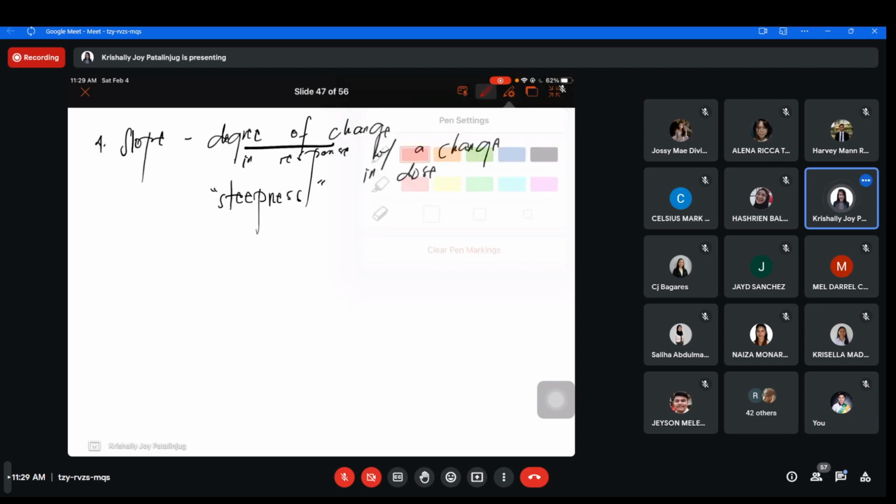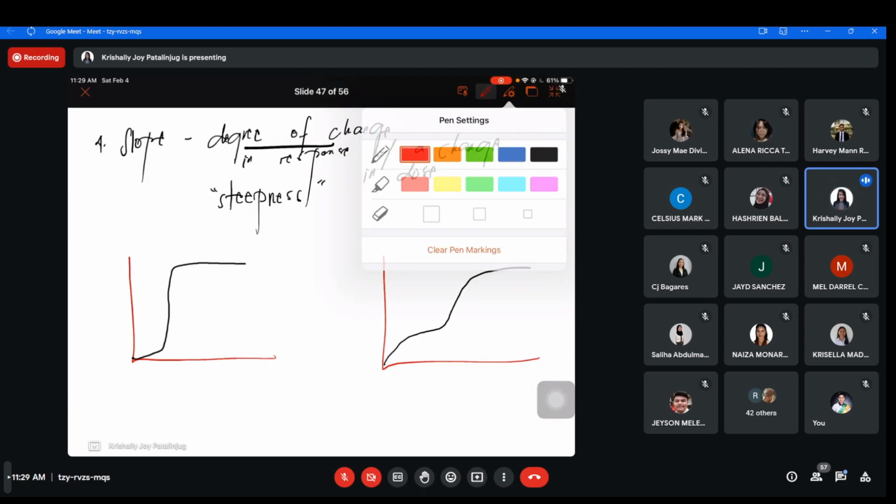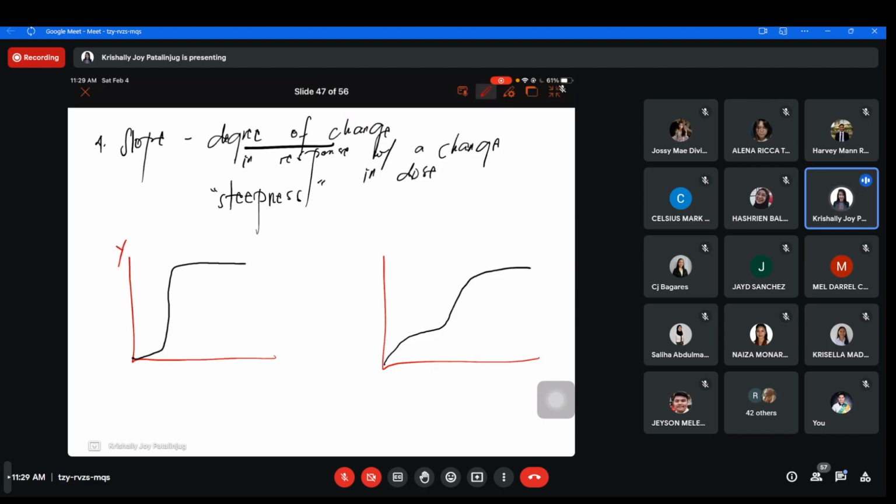Let's say, for example, let me illustrate 2 graphs. The curve for the first graph looks like this, just an example. And then the other graph looks like this. Again, the y-axis is the response, and the x-axis is the dose or the log dose.